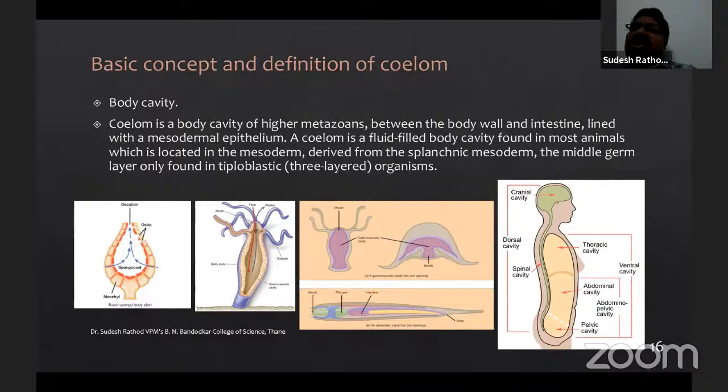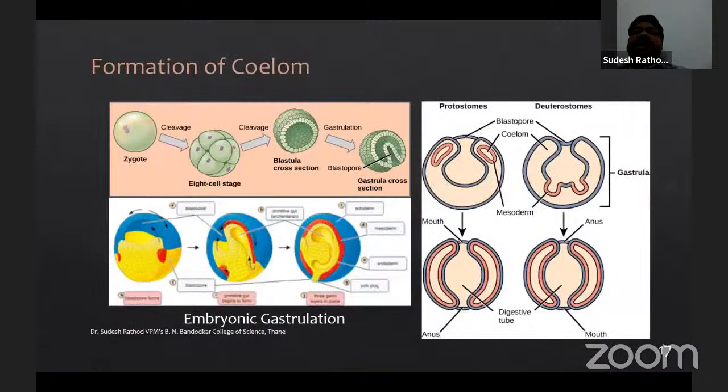The spongocoel is not a true coelom. Where is the coelom? On the next part you will see the coelomic cavity in a human being, for example. The extreme right part, if you see, is developed into an internal body cavity, which is called the coelom. Next slide.